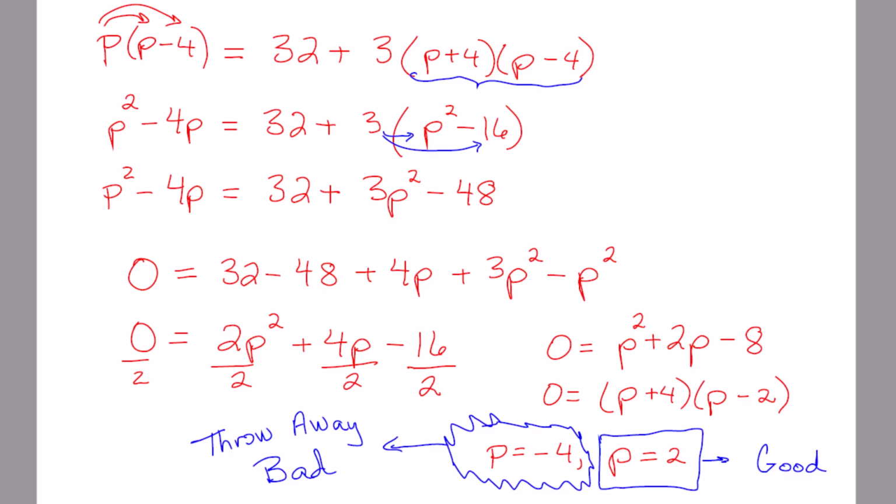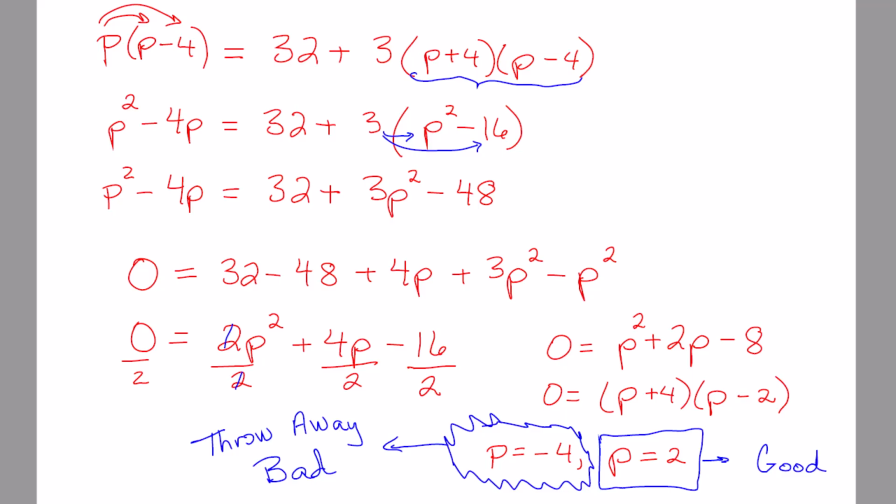Got the 4p. 32 minus 48 is 16. But I'm noticing that I can reduce the numbers a little bit simply by dividing everything by 2. All right, those cancel. 2 goes into 4 twice. 2 goes into 16 8 times.